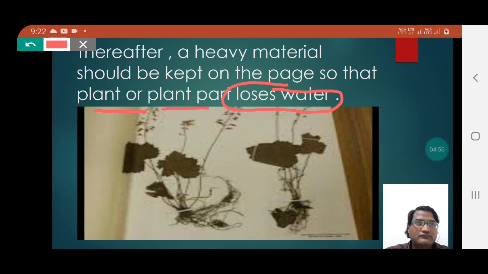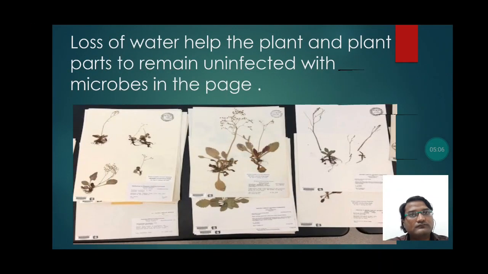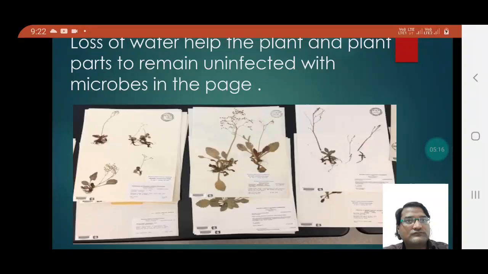Students, the loss of water from the plant part is very important. Loss of water helps the plant and plant parts to remain uninfected with microbes.